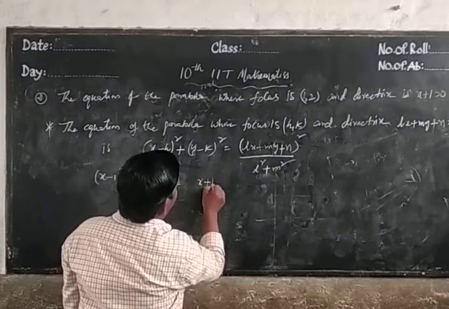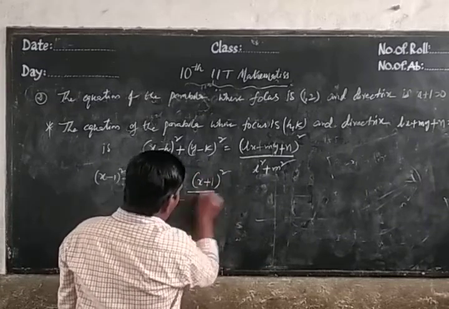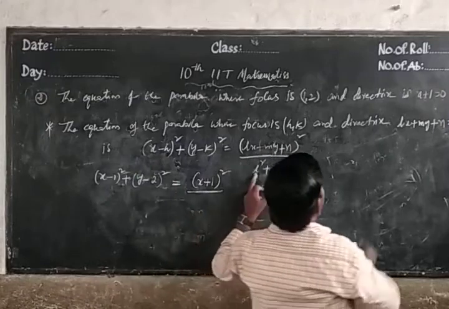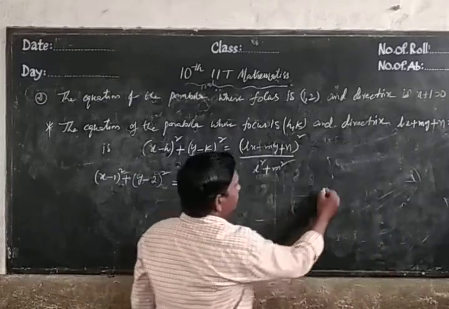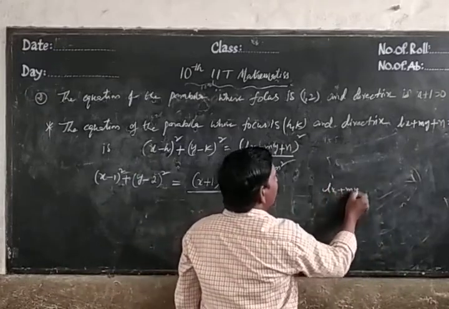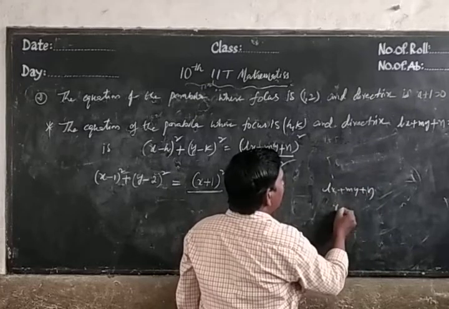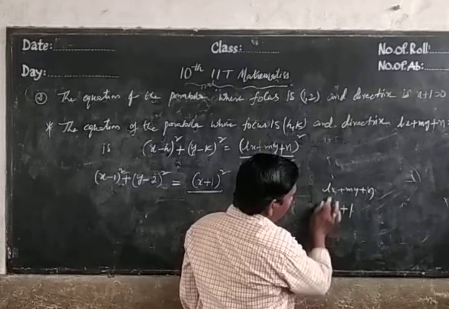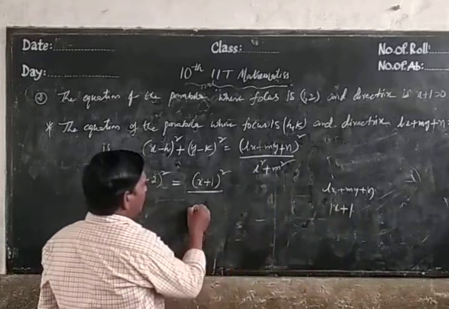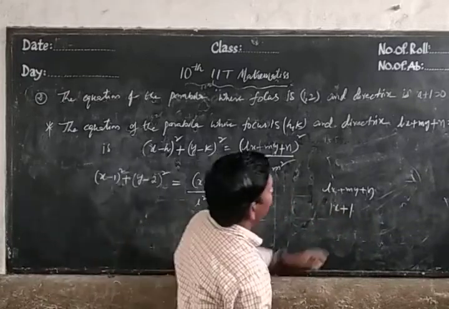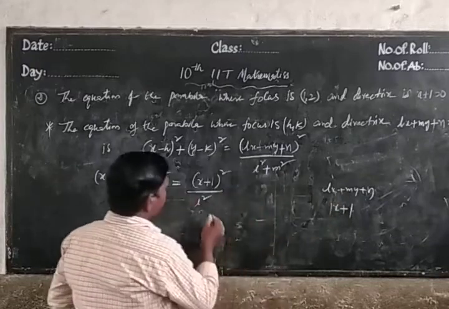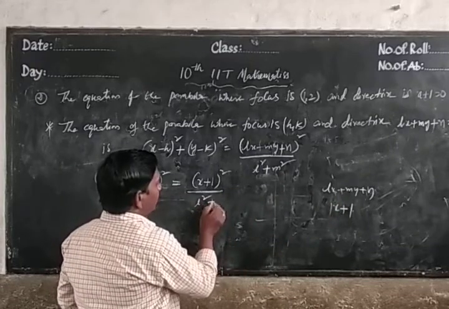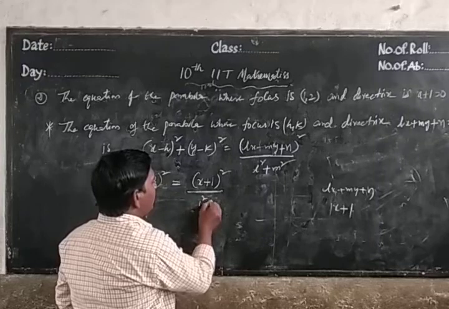So (x plus 1) whole square by L square plus m square. Compared to Lx plus my plus n, the L value is 1, there is no m, so 1 square plus 0 square.